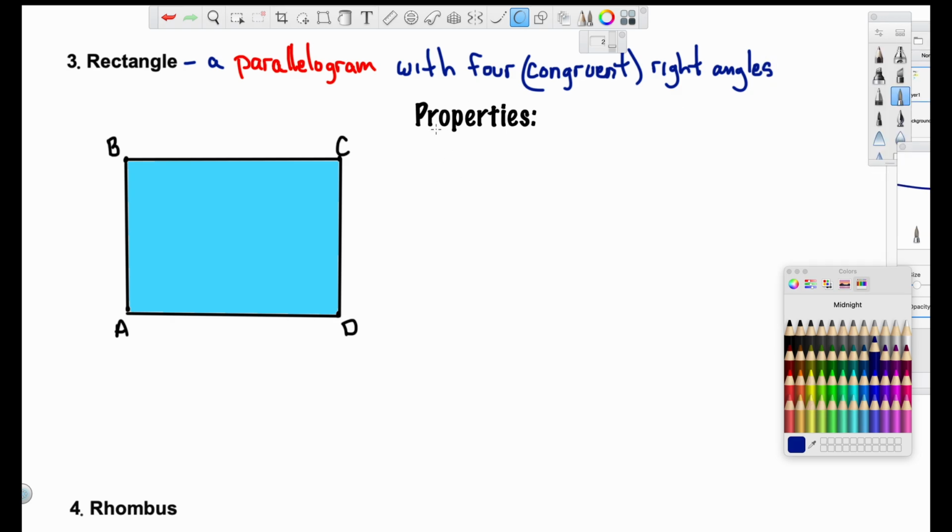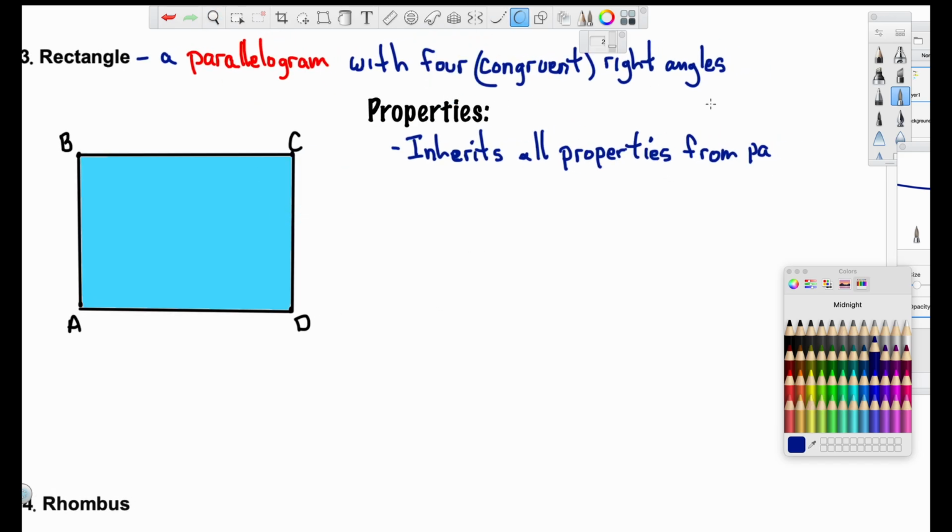We know that we're inheriting, just like I said, every property from the parallelogram. So that means opposite sides are parallel, congruent, opposite angles are congruent, consecutive angles are supplementary. It means that the diagonals are going to bisect each other.